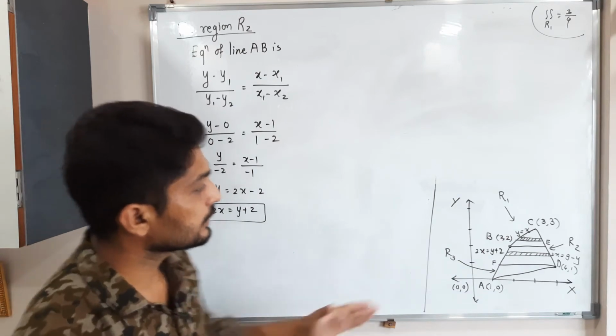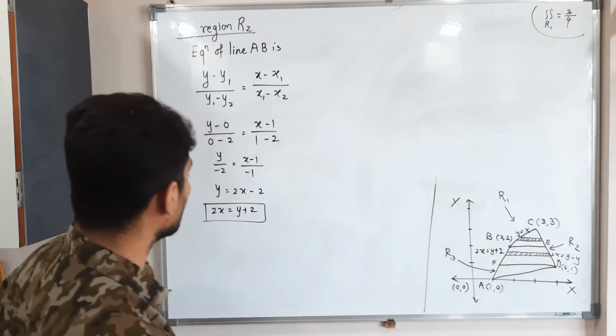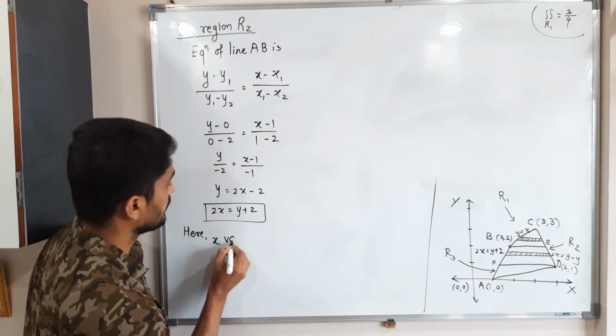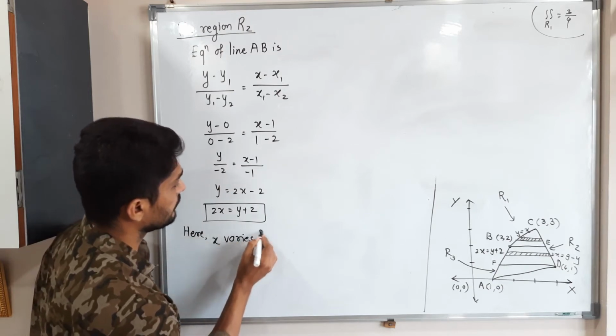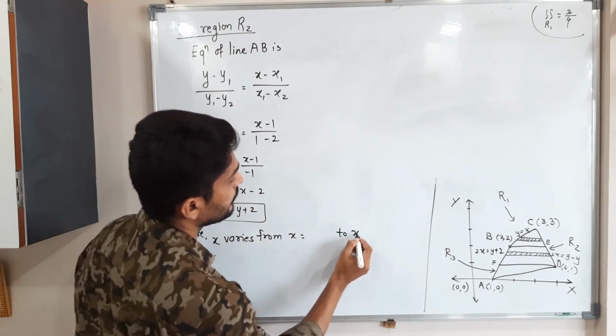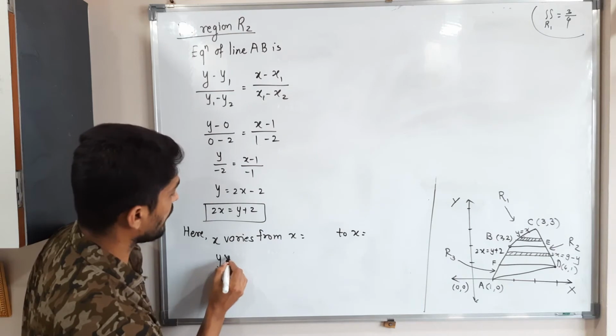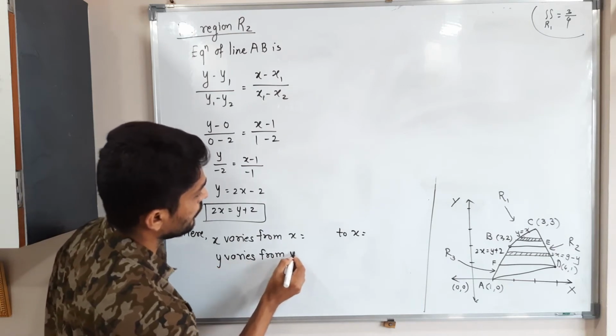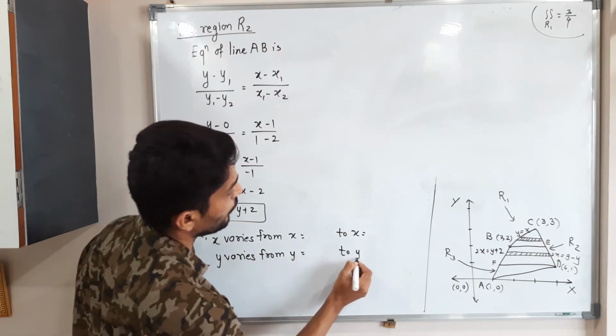See, when we consider a strip parallel to x-axis, we always write x varies from x is equal to, and y varies from y is equal to.